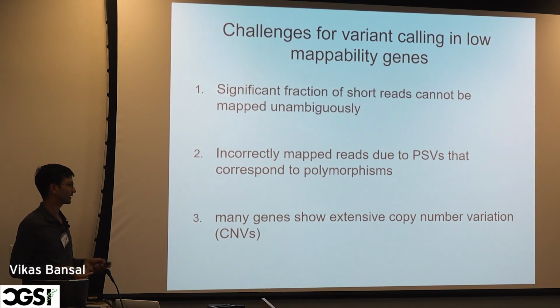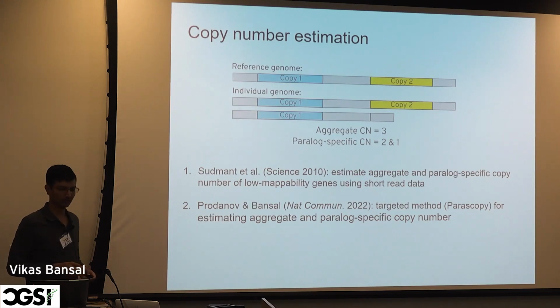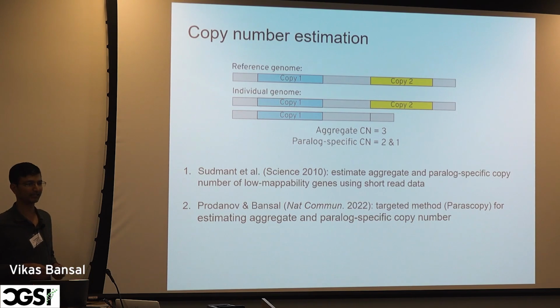For copy number estimation, there are existing methods that can estimate copy number even for these low mappability genes using short read data. This was first shown back in 2010 by Evan Eichler and his group, that you can estimate both aggregate and paralog-specific copy number. Aggregate means how many repeat copies you have in total.